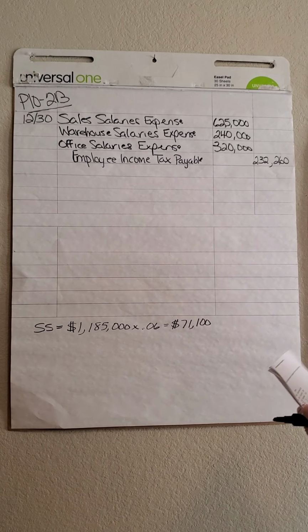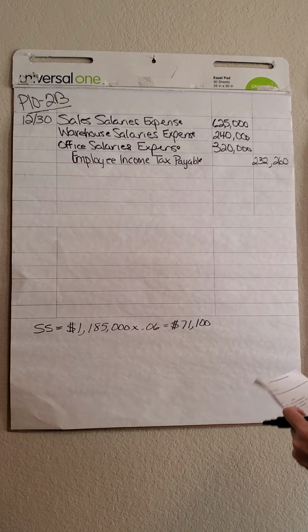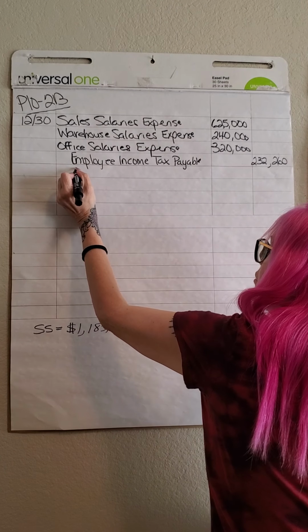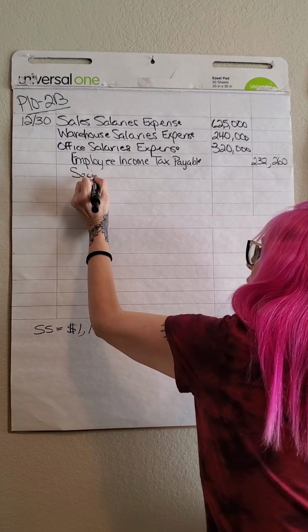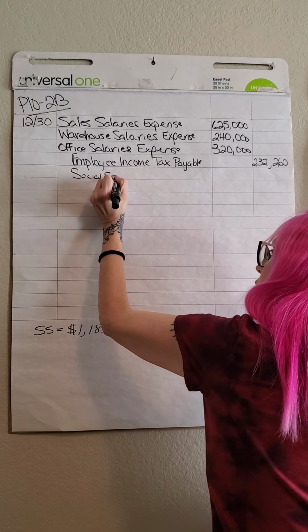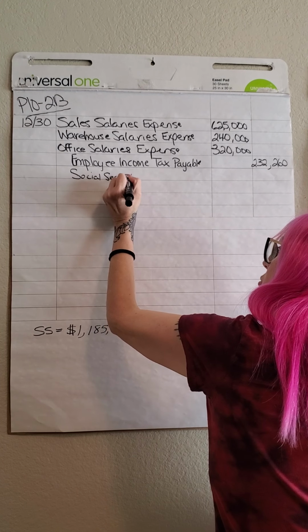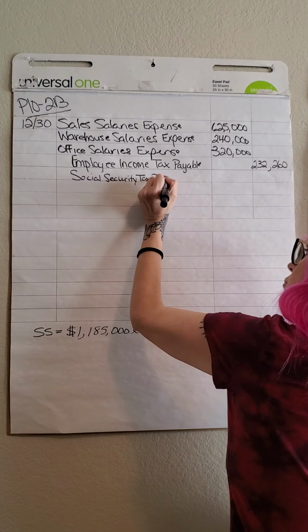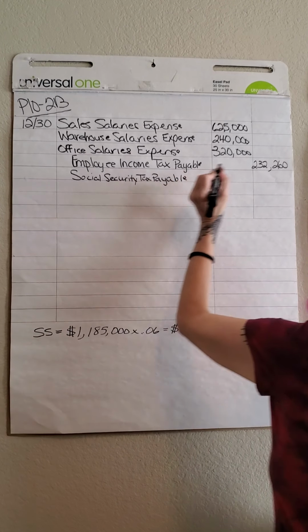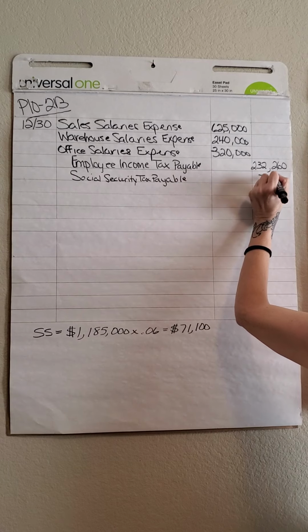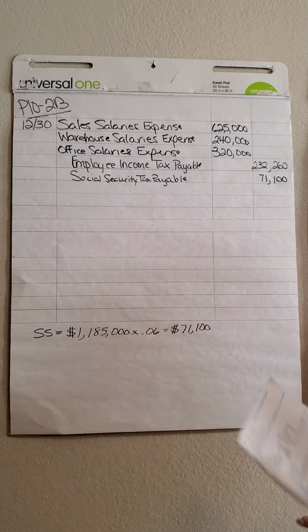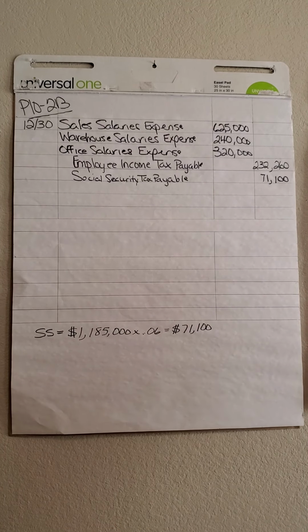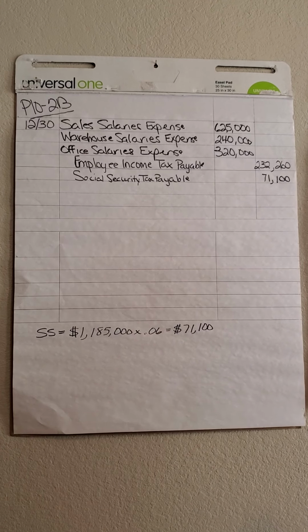So we're going to make a credit to Social Security tax payable for $71,100. And remember that the employer has to match this as well when we do the second journal entry.